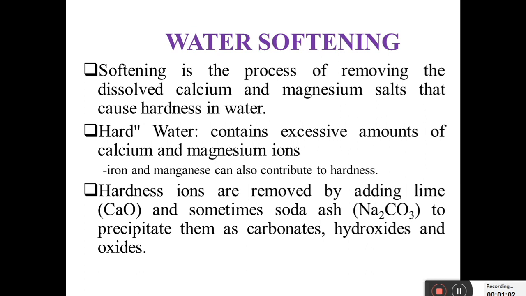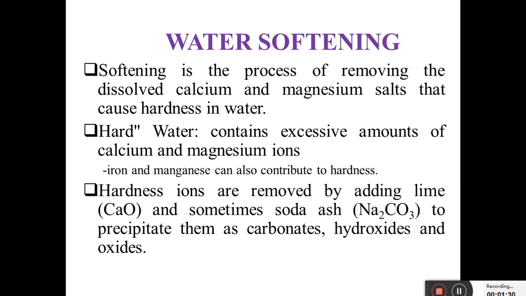Water softening is needed due to the presence of calcium and magnesium. Hard water contains an excessive amount of calcium and magnesium ions. Iron and manganese can also contribute to the hardness.